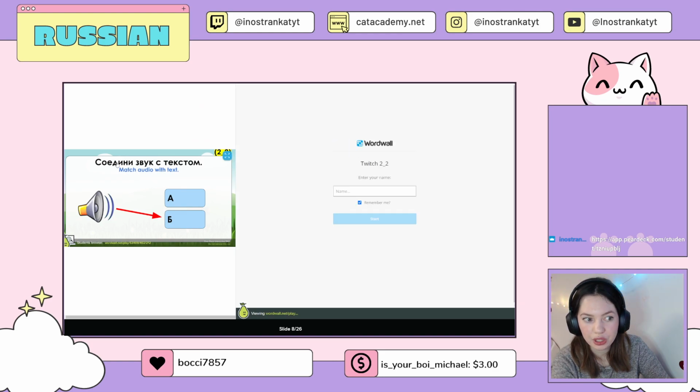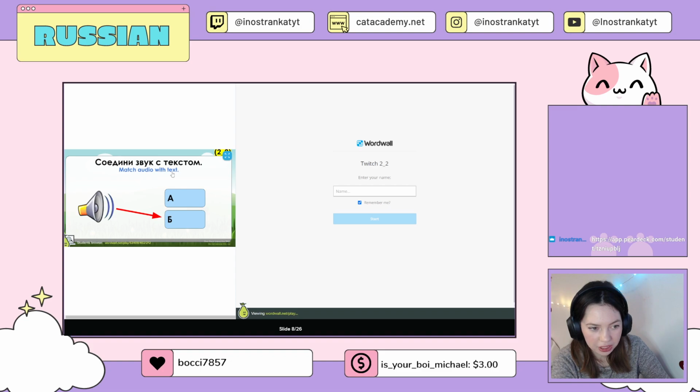Now we're going to соедини звук с текстом. If you look just at the word текстом, text, it's the same as text. So match audio with text. Соедини means to match. Audio, звук, with. С is much shorter than with. And text, текстом.